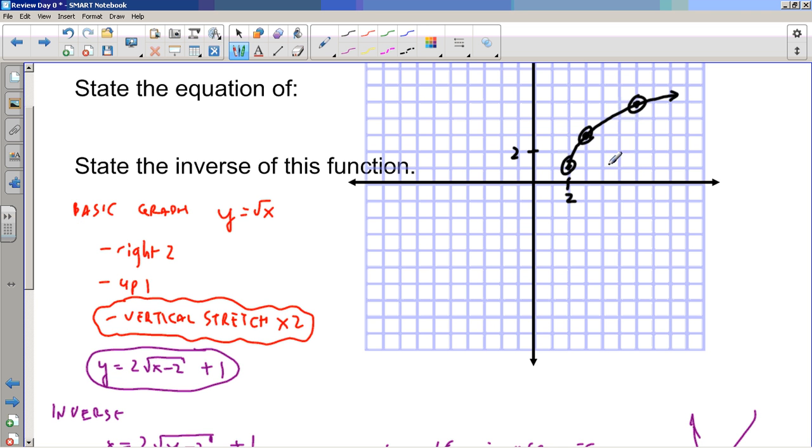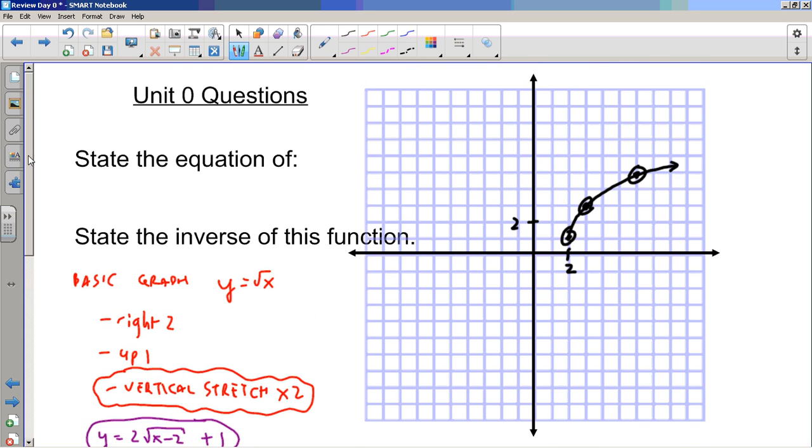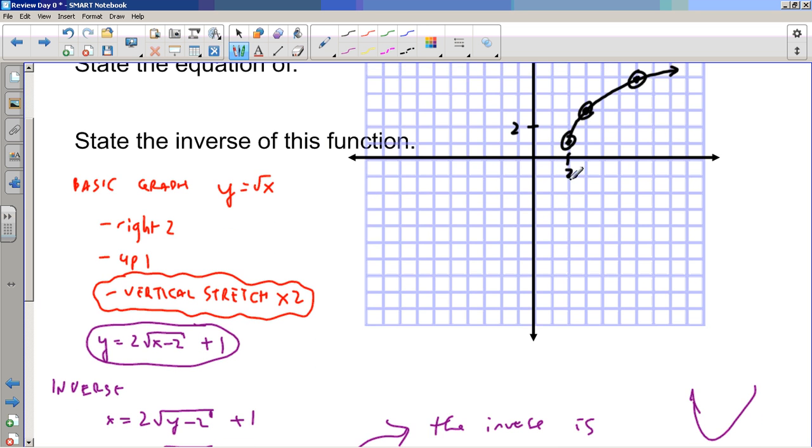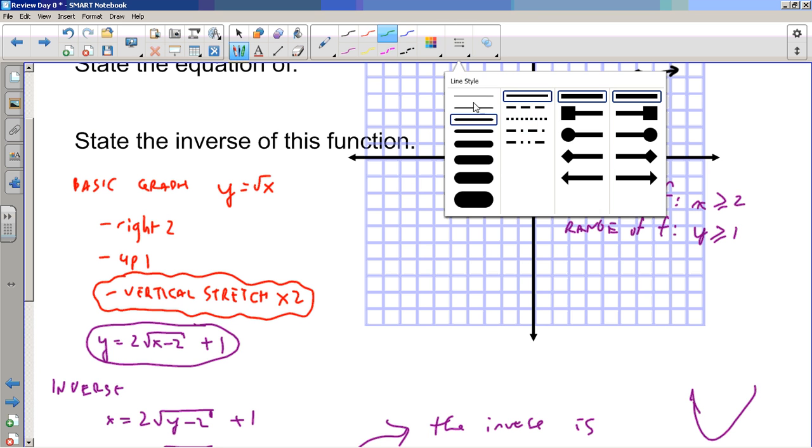Remember the domain, were we asked for domain and range? No, we weren't here. But here, the domain of f is x is greater than or equal to 2, and the range of f is y has got to be greater than or equal to 1, right? There's the range, those values. And remember, for the inverse, these switch, right?